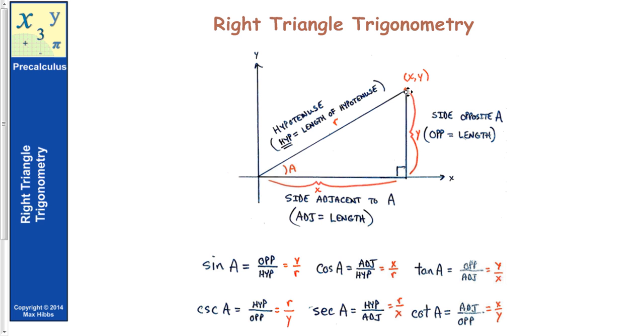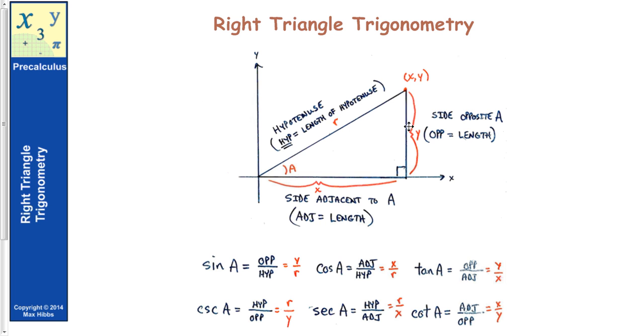We showed this with similar triangles in the unit circle. We said the sine of angle A would be the y coordinate divided by the distance from the origin to the point. So that would be y over r. That's how we defined that early on.